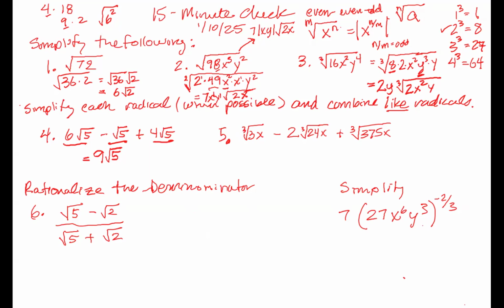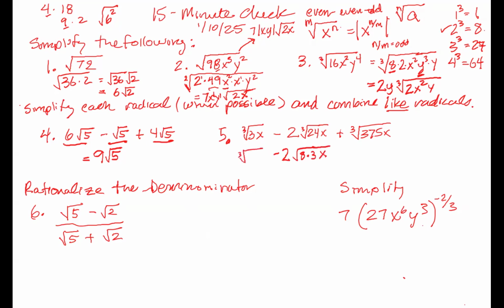What's our first real perfect cube? One is a perfect everything. But the first perfect cube is 8. Does 8 go into 24? Mm-hmm. So rewriting this, I'm going to first just write it as 8 times 3. And then we have just an x. So I know I can't go any further than that.